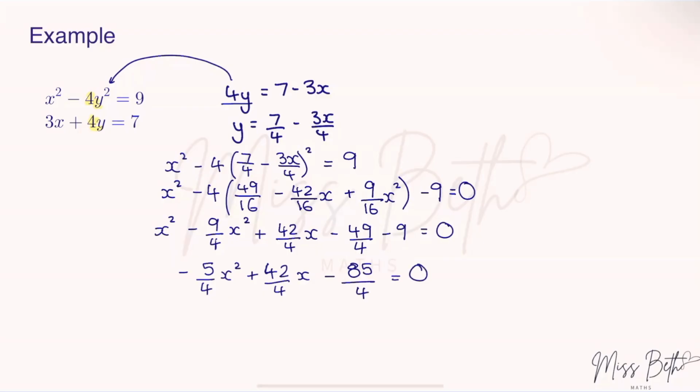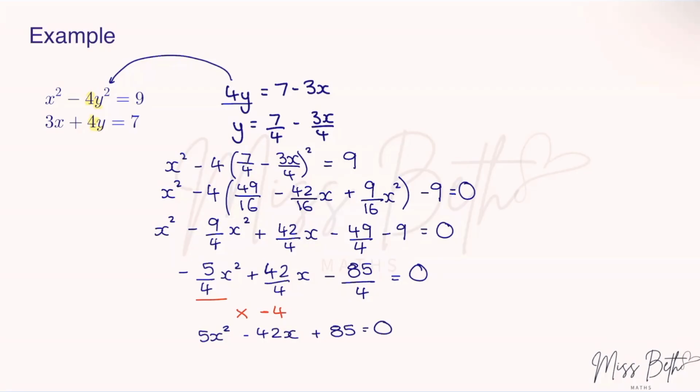And that's all equal to 0. So at this point, I would multiply everything by negative 4. The reason being, I want a positive x squared, really. It just makes my life a lot easier, and it's not going to change the value of anything. So we would have 5x squared minus 42x plus 85 is equal to 0.